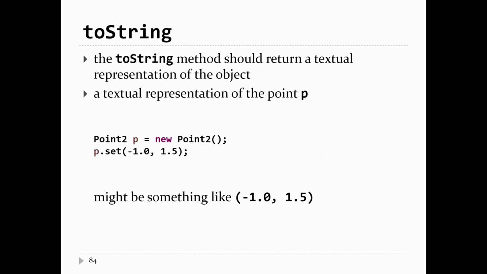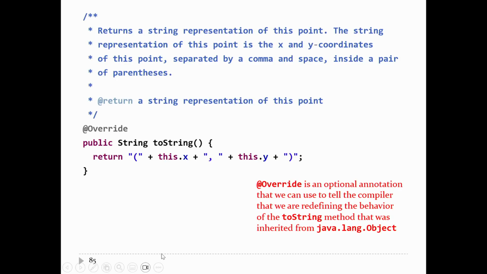In Java, we can compute all of that using string concatenation. That produces a new string, which we can then return back to the caller, because that's what this returns.